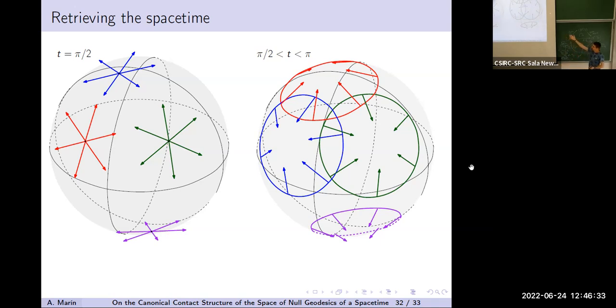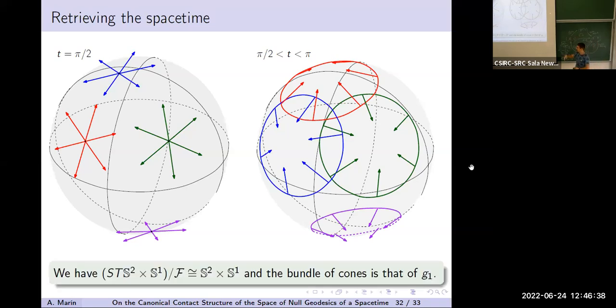Well, this foliation satisfies 1, 2, 3 in the previous theorem, and one can see that if I take the four-manifold and take the space of leaves, I get something diffeomorphic to S2 times R, which is what I was expecting, and that the bundle of cones is the same as the bundle of cones of the product metric that I was expecting as well.